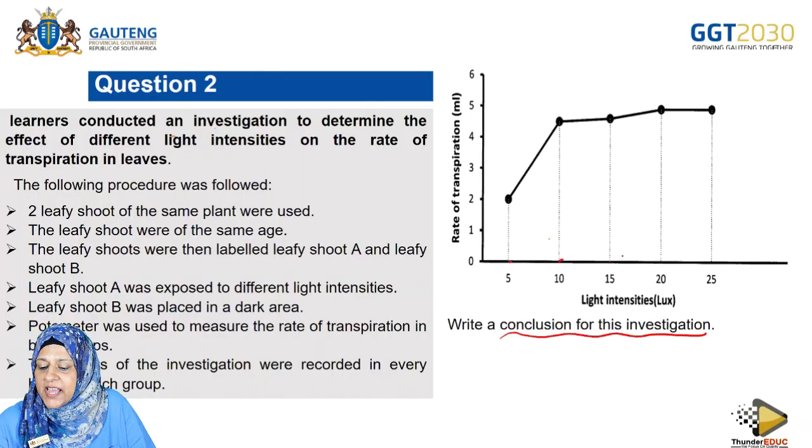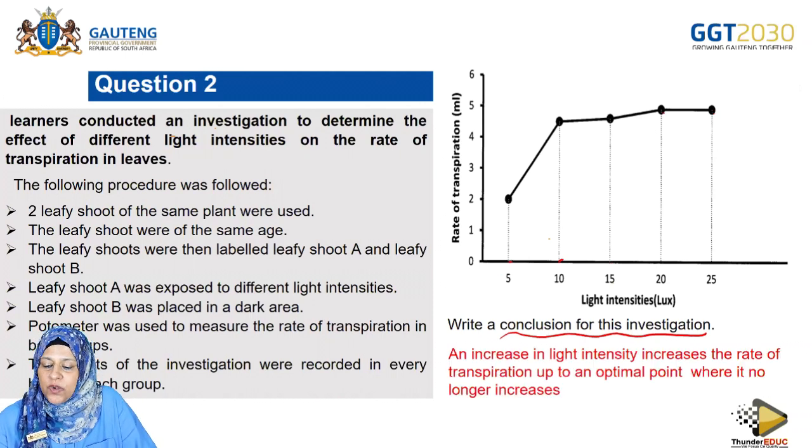It improved slightly between 15 and 20, and constant again between 20 and 25. So what can we say? An increase in light intensity increases the rate of transpiration up to an optimal point where no increase occurred any further.